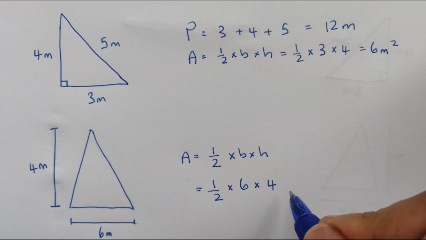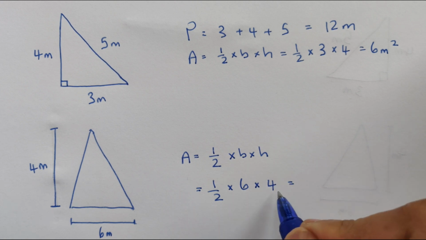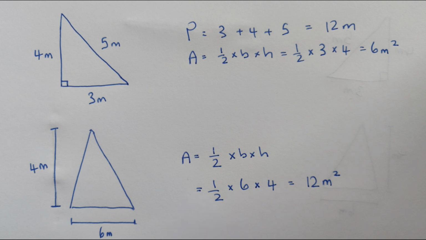So the 4 here, and we solve this. We've got 1/2 times 6, which is 3 times 4, which is 12, and the unit of meters squared. So we can also calculate the perimeter of this triangle. However, we will need to do a bit of Pythagoras, which I'll cover later on in another video. So that's how to calculate the area and perimeter of a triangle.